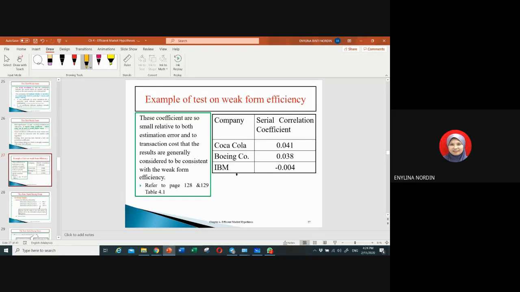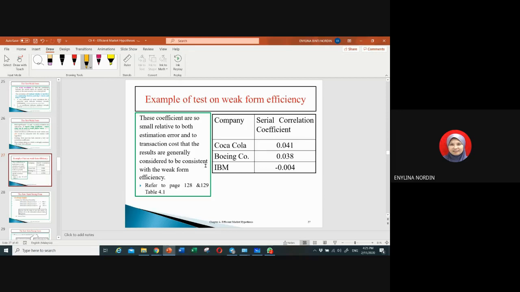They found that most of the serial correlation coefficients are 0.041, 0.038, 0.004, which is near zero. If you round off these figures, the serial correlation is almost zero. Even though it gives you a negative, we consider it as zero.